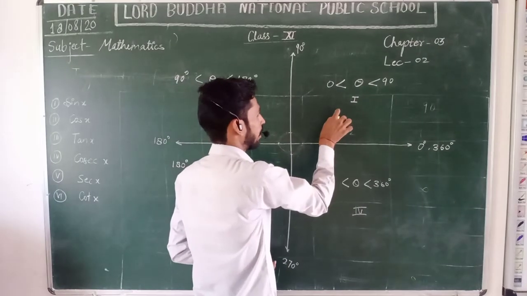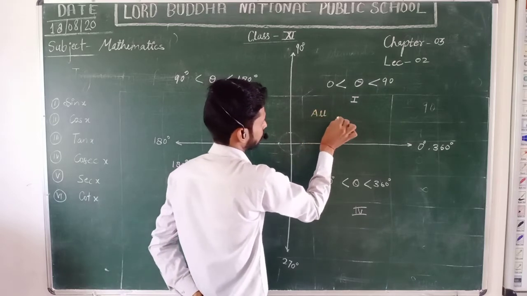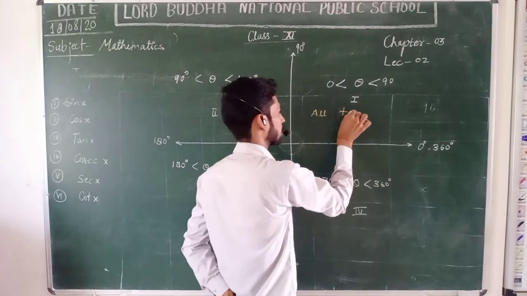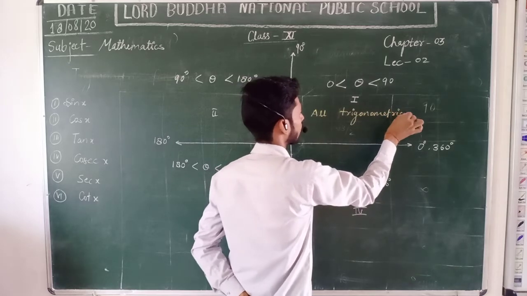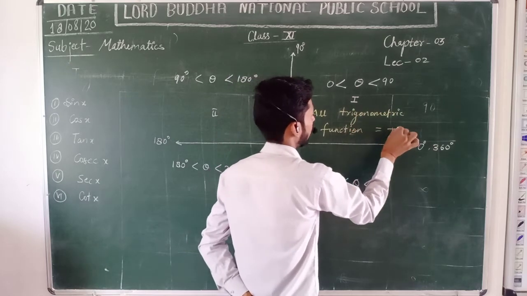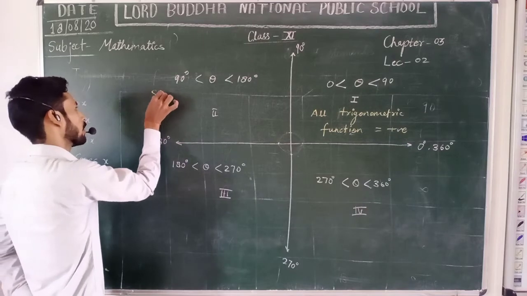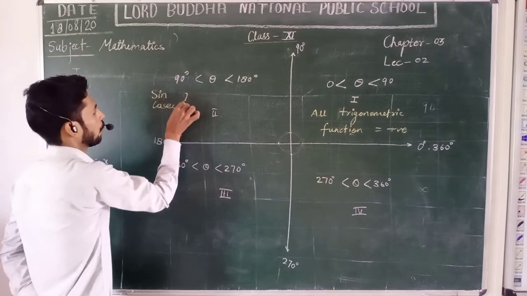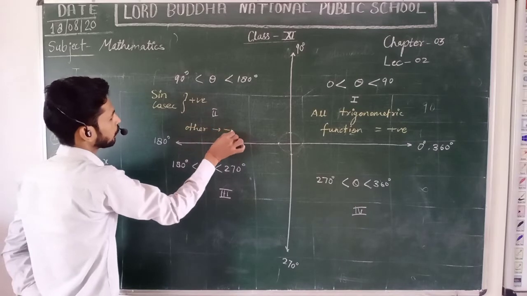If we are in quadrant number first, then all the trigonometric functions will be positive. But in the second quadrant, the functions sine and cosec will be positive, others negative.